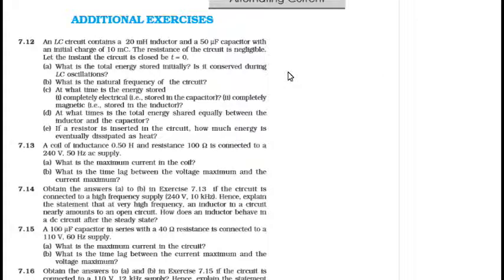So the first question is 7.12. An LC circuit contains a 20 mH inductor and a 50 microfarad capacitor with an initial charge of 10 mC.